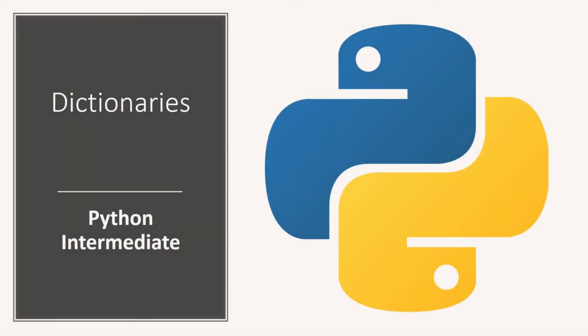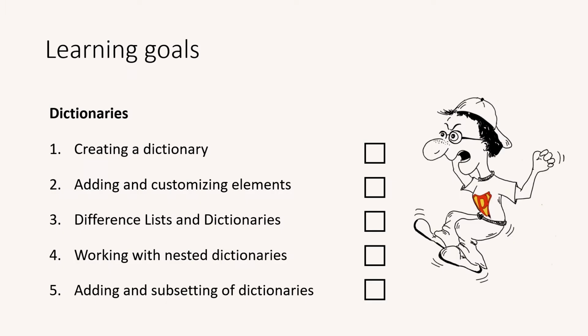Today we learn a new data structure, and in this case it's going to be the dictionary. The learning goals for this part of the online lecture are learning everything about dictionaries. We start with creating them, then adding and customizing single elements, and after that we learn the difference between lists and dictionaries.